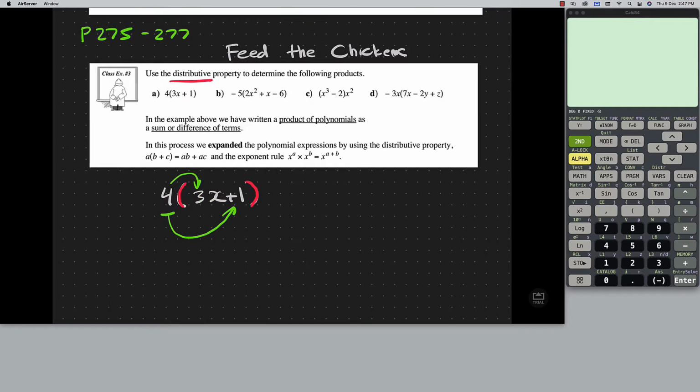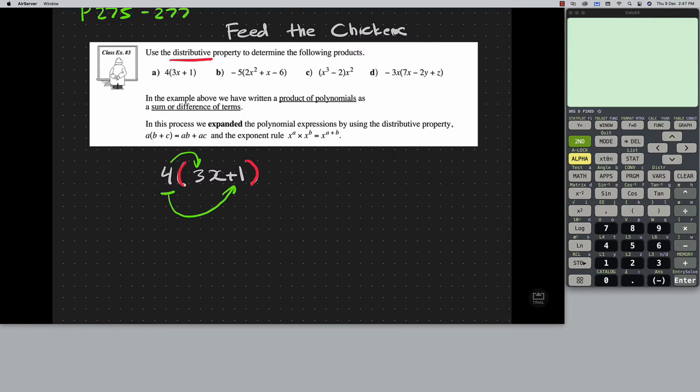And basically what are we doing here? We are multiplying through. So this becomes 4 times 3x. Well, 4 times 3x becomes 12x. Now we're going to do 4 times positive 1, which is 4. So that one expanded out becomes 12x plus 4.